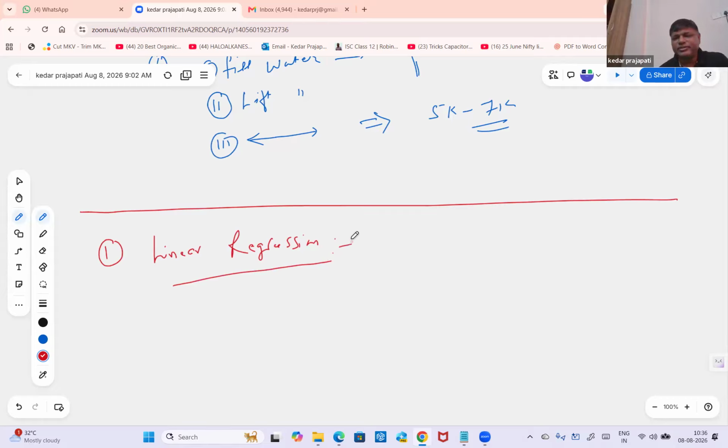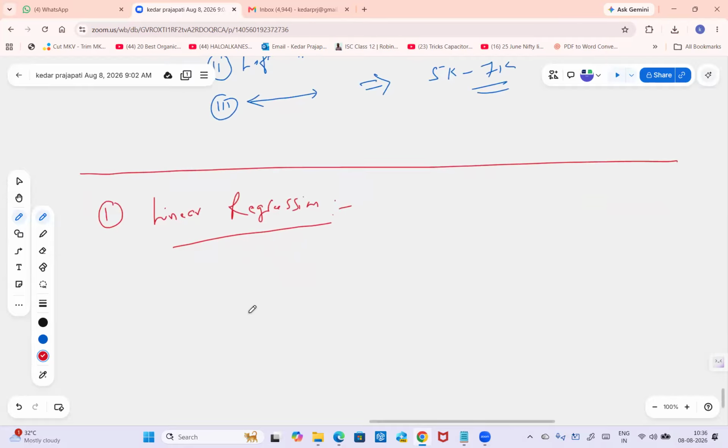So how will you define it? Just now we saw, based on label data, what is linear regression? The dependent variable will be calculated based on the independent value. So maybe you can define it like this.